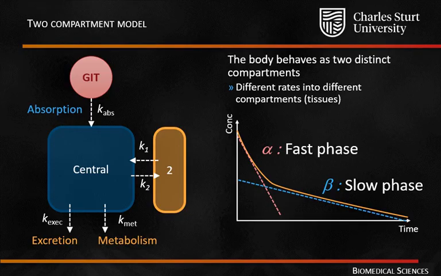But the beta phase, or the slower phase, happens as the drug slowly comes out of that second compartment into the central compartment. But because it does this at a slower rate, it slows the whole system down, and it can start to be seen in the kinetics. So some drugs may have a very rapid elimination phase to start with, but then they start to slow down as the drug that's now in the second compartment is taking its time to get out of the second compartment.